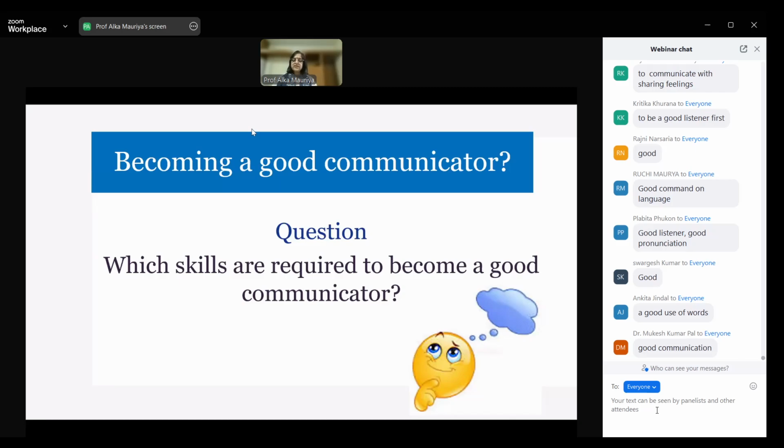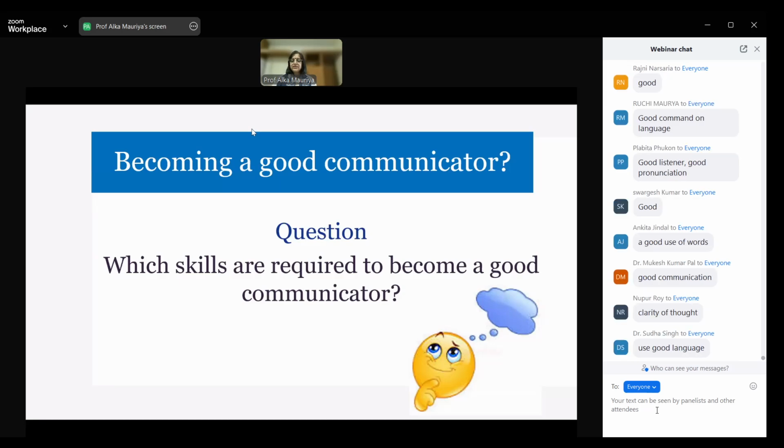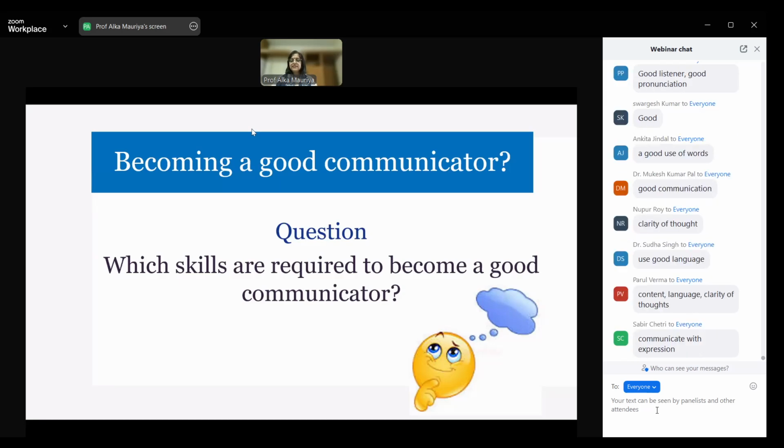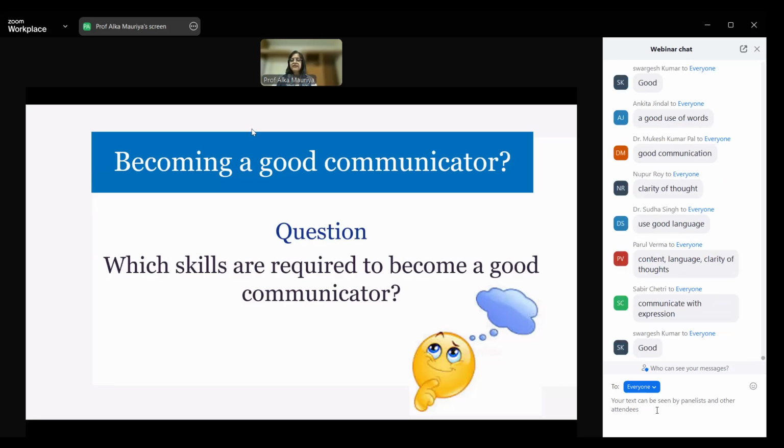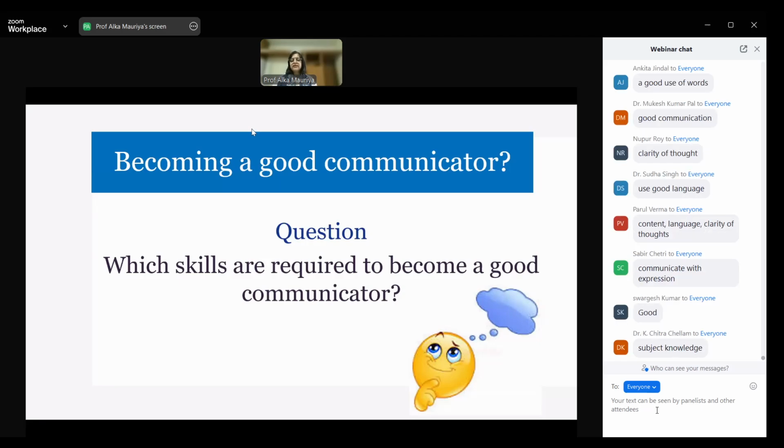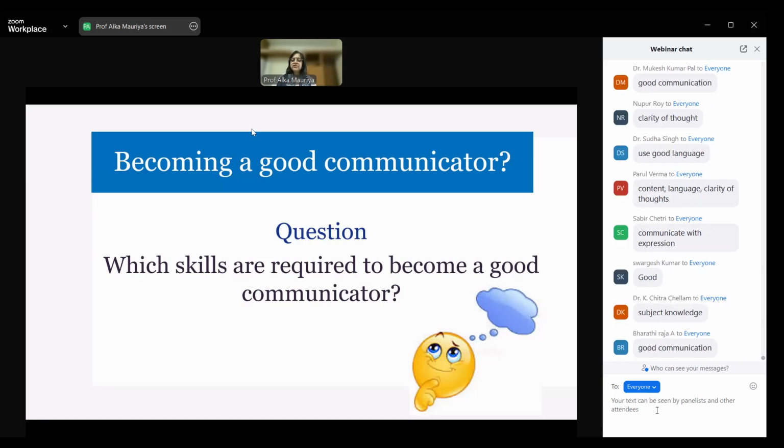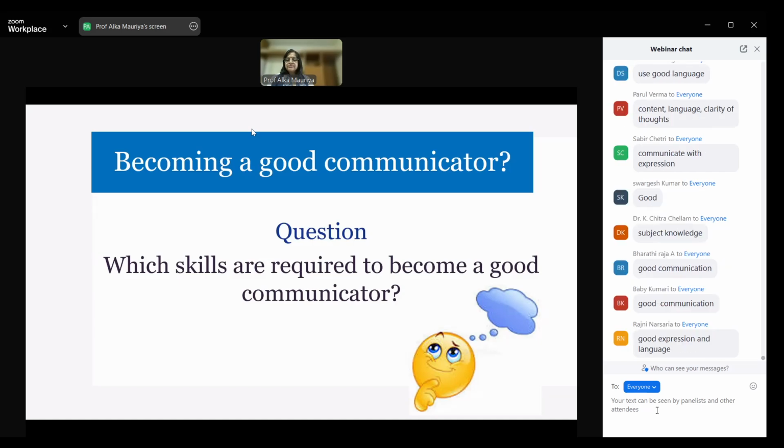Good use of words, clarity of thought, use good language. I agree with Professor Parul, clarity of thoughts. In addition to words and language, clarity of thought is very, very important to be an effective communicator. Communicate with expression. Okay, fine. Subject knowledge, Dr. Chitra, correct.